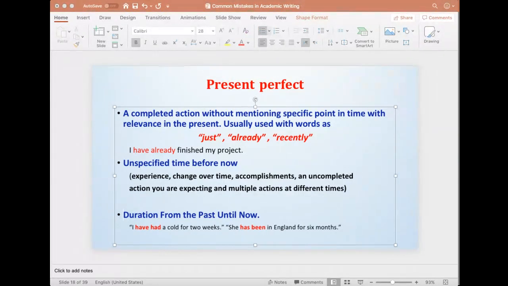So this cold ended 2 weeks ago. But in this sentence here, I'm still having that cold. With since and for also, we can use them when we talk about specified time, when these actions took place.